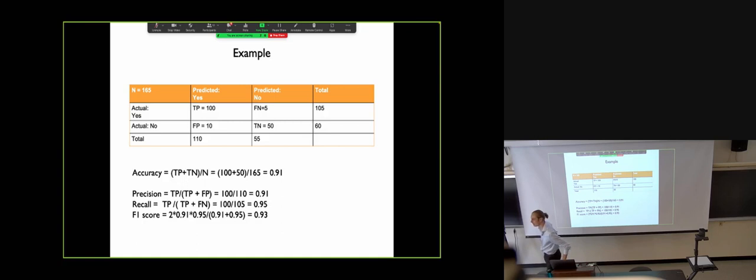Precision is given by the formula, basically: the true positives divided by all the predicted positives. It's the fraction of the predicted positives that turned out to be true.